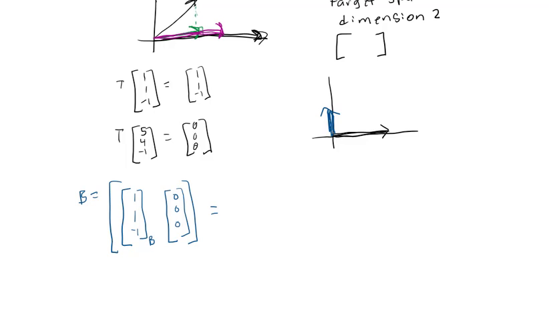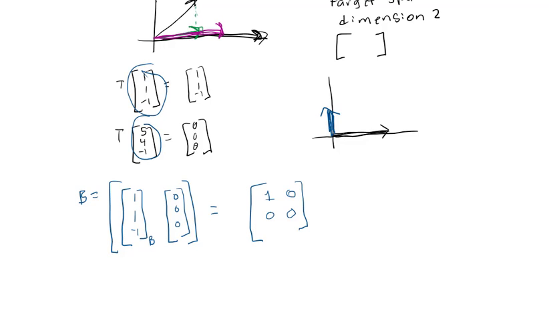And so this vector in the basis is 1 times this basis vector and 0 times this basis vector. So we get 1, 0. And this 0 vector is 0 times the first basis vector plus 0 times the second basis vector. So 0, 0. So that's our transformation matrix.